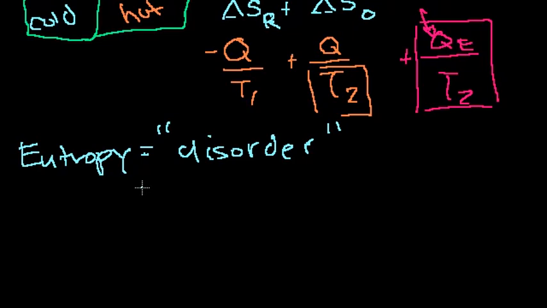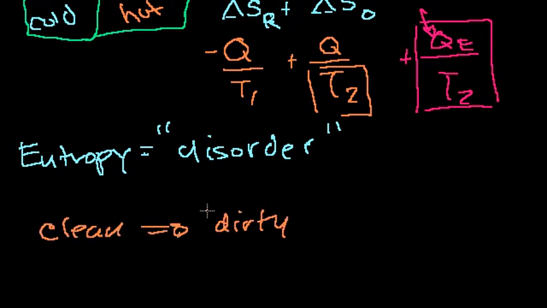Because the very next example that's often given is that, they'll say, look, a clean room, let's say your bedroom is clean, and then it becomes dirty. And they'll say, look, the universe became more disordered. The dirty room has more disorder than the clean room. And this is not a case of entropy increase. So this is not a good example.